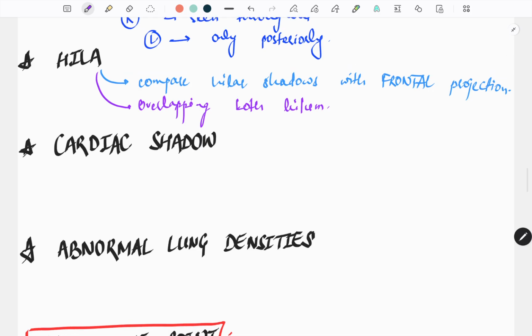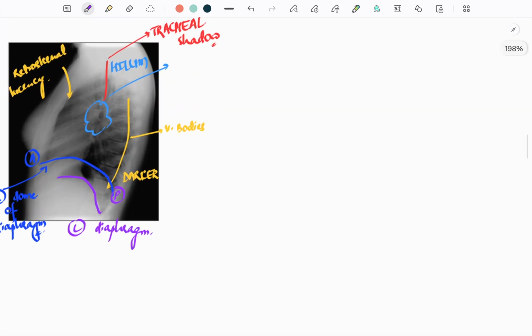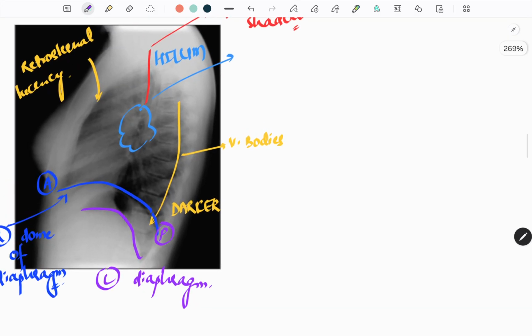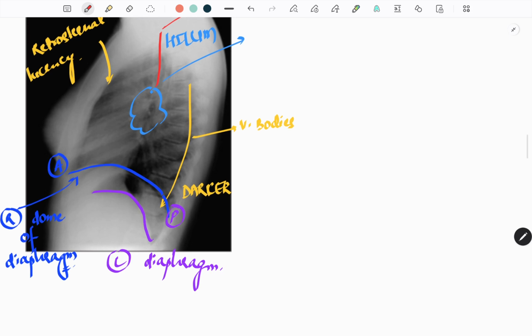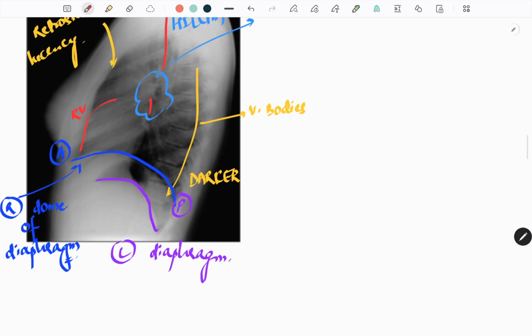Then we should see the cardiac shadow. This is the anterior border. It is formed by the right ventricle. This is the posterior border, just behind the hilum.